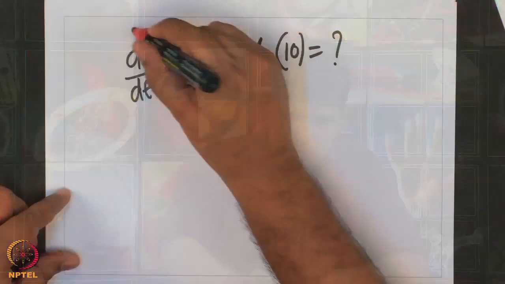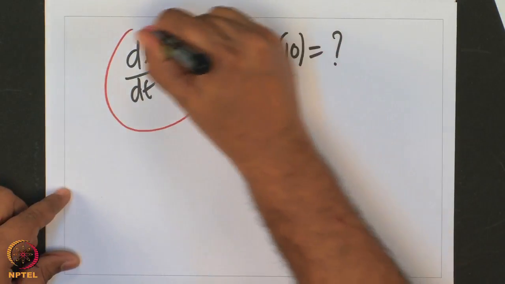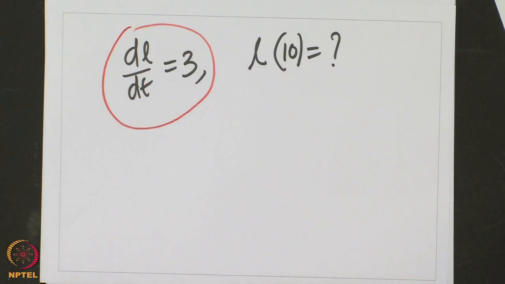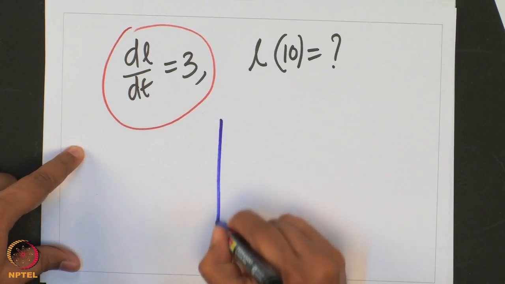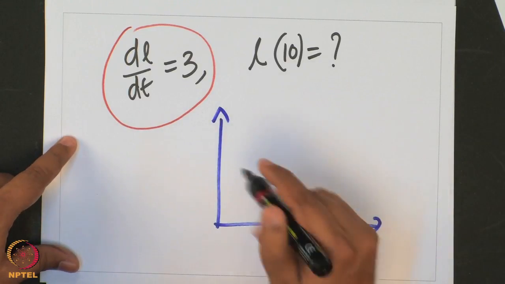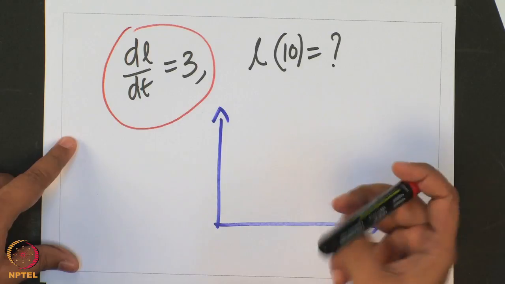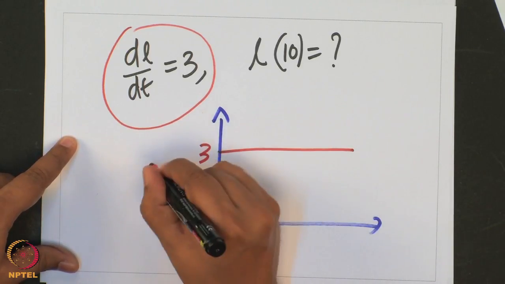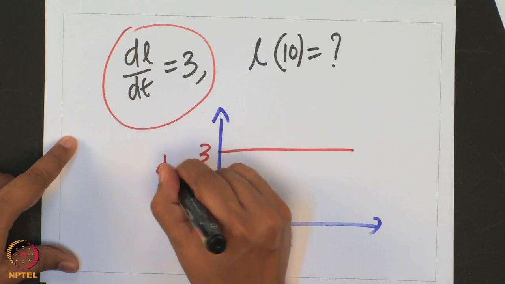So it turns out that the way to do this graphically is to plot this function. If I consider dl by dt as my function, I can plot it. So let us plot dl by dt. So this is 3. This is my dl by dt.